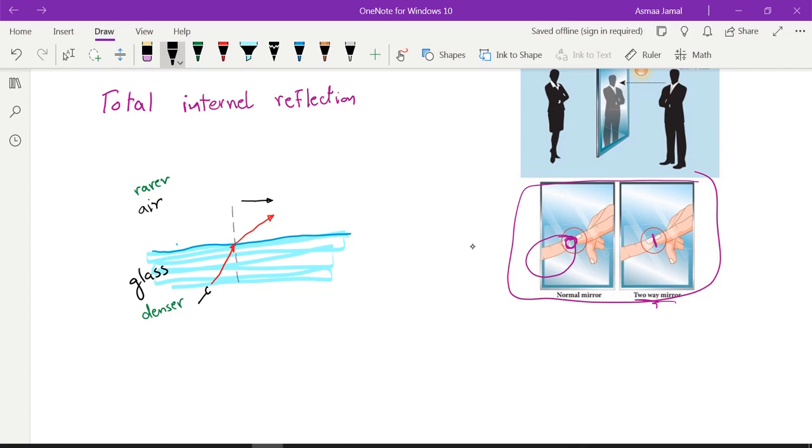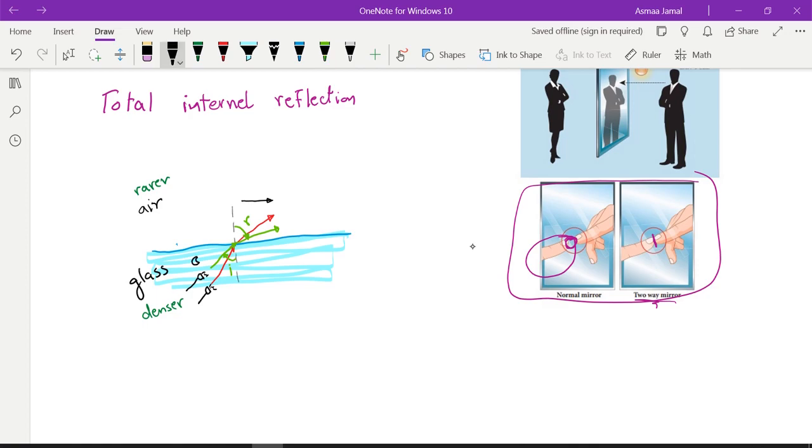If that's your source of light and you change the position to here, for example, the incident light coming from this side will refract like this. So when you increase the angle of incidence, that immediately will increase the angle of refraction.